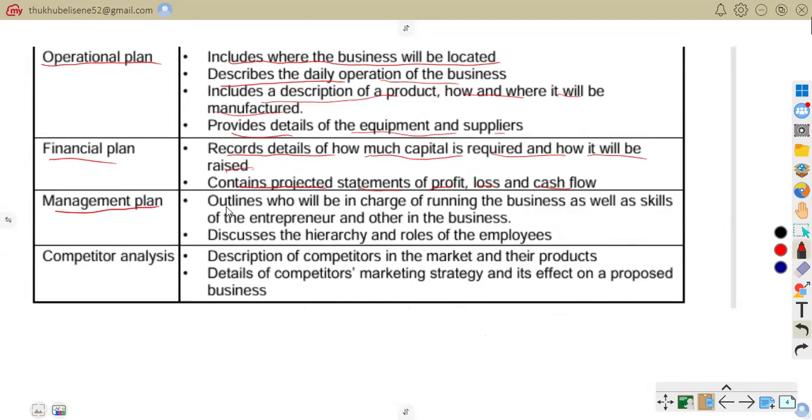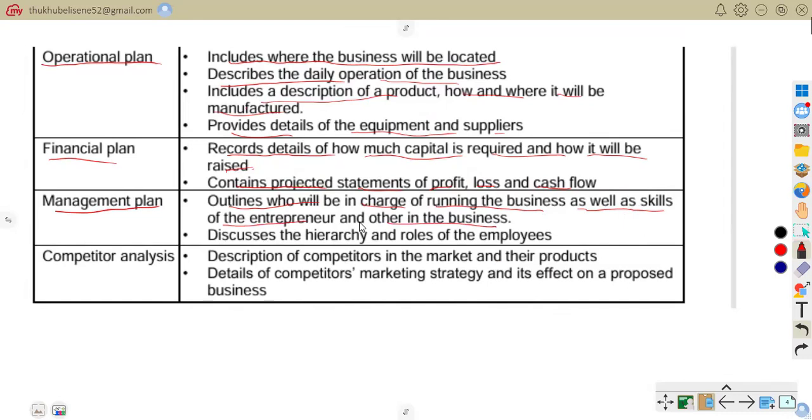The management plan outlines who will be in charge of running the business, as well as the skills of the entrepreneur and others. So it identifies who will manage the business. It explains who is responsible for running the business. So that is that. Also, it describes the skills of the entrepreneur. So it explains why the management team is qualified.